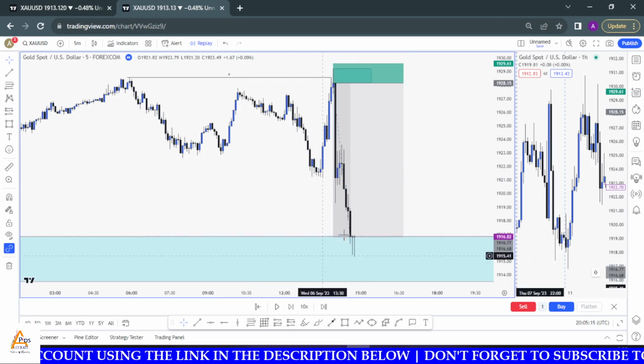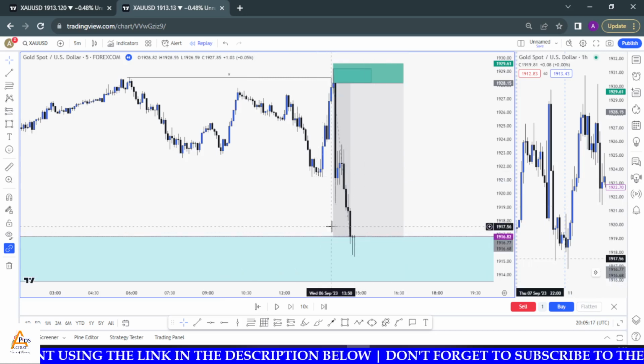Now this is the last part of today's lesson, because I don't want to have set enough example. Now we have tapped into our decisional OB, and it is with the trend now.